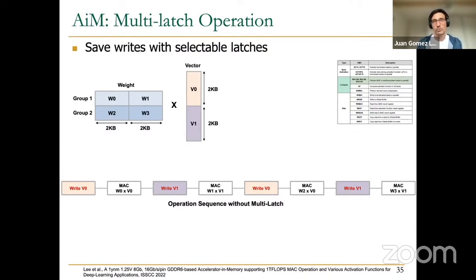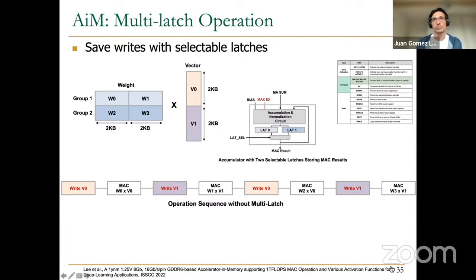In order to save some of these writes, it's possible to use the alternative latches that the MAC circuit contains. In the accumulation circuit, there are two different latches, such that it's possible to operate with two different vectors or keep partial results from two different vectors.